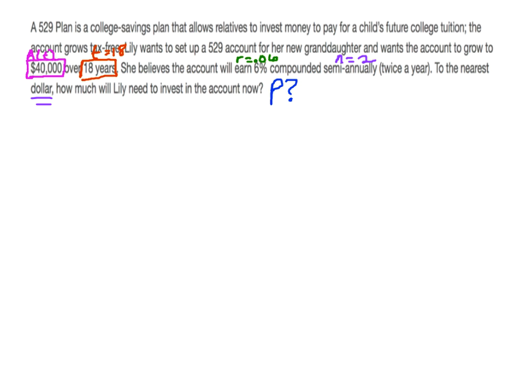Well, let's just plug everything in. We want to end up with $40,000, and we don't know our principal, times 1 plus our rate divided by our compounding period, and that's raised to our compounding period times our time in years.